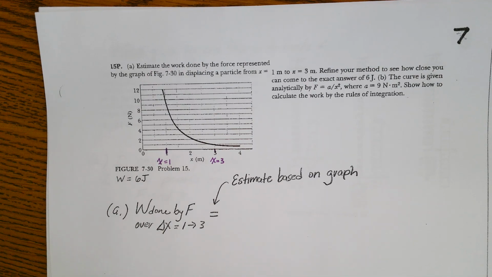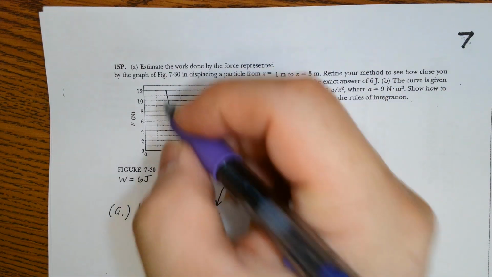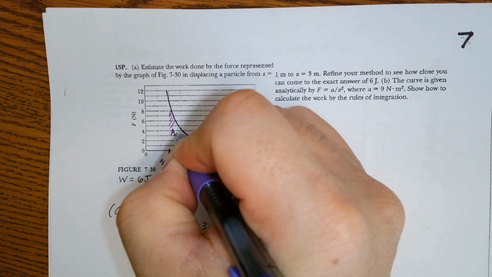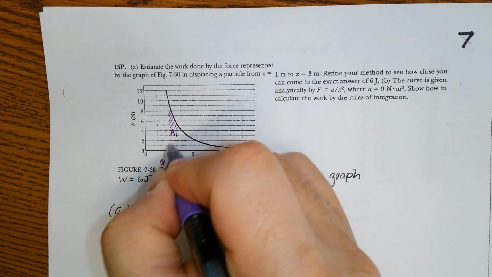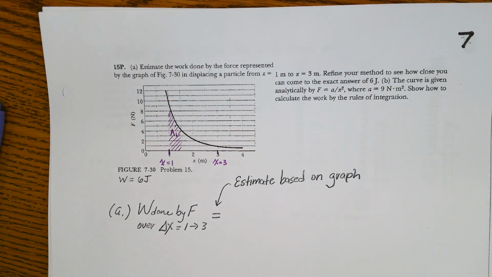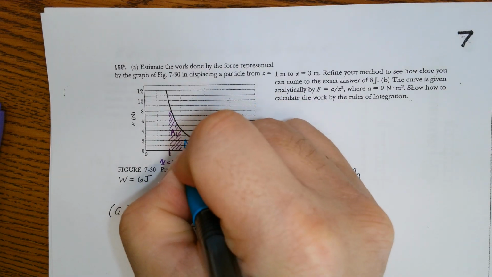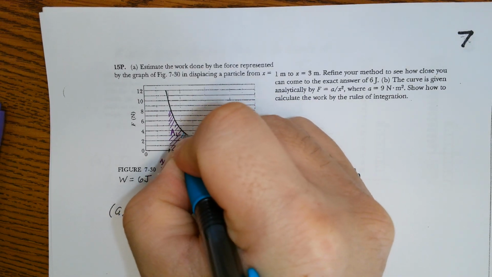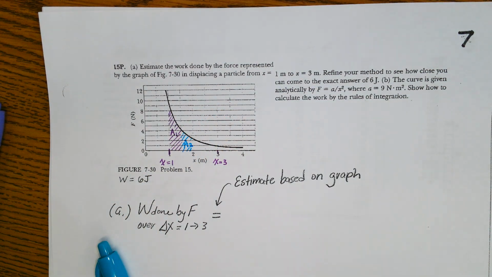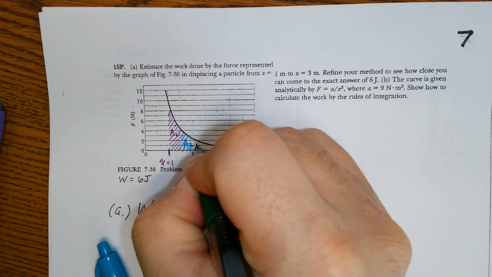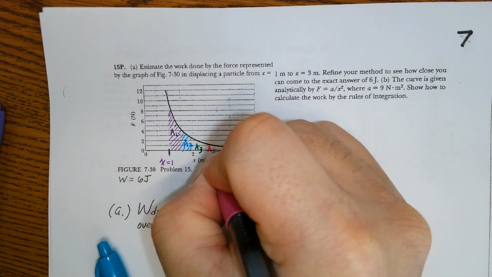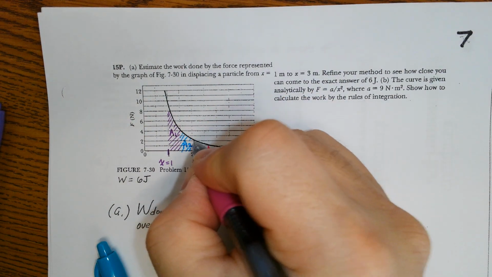But for now, what I'm going to do is break these up into small sections to get the area. So here, I'm going to call this area 1, okay? And then here, I'm going to consider this to be my area 2, okay? And then this will be area 3, and then area 4. Thank God there's no area 52.